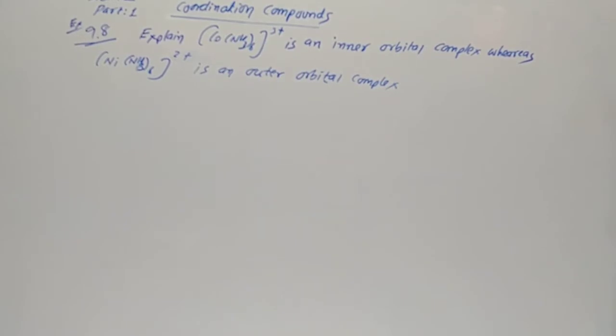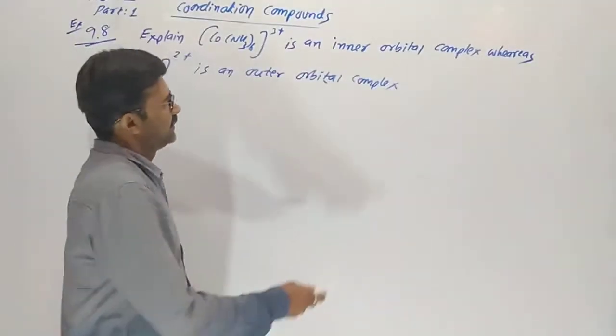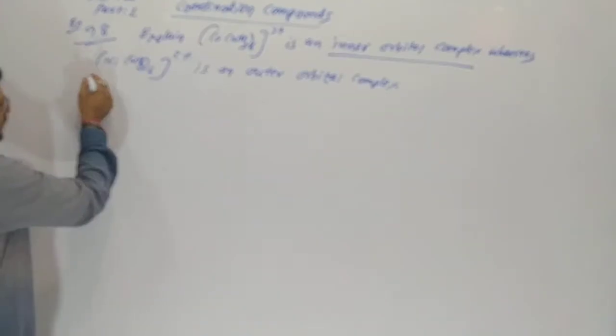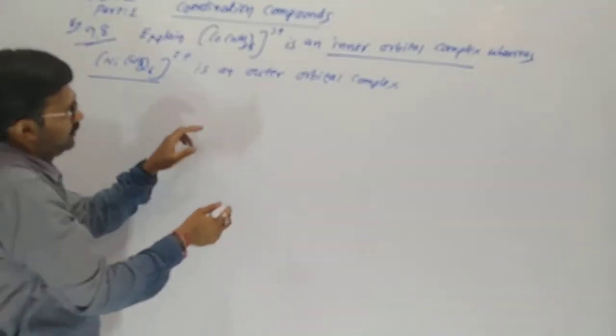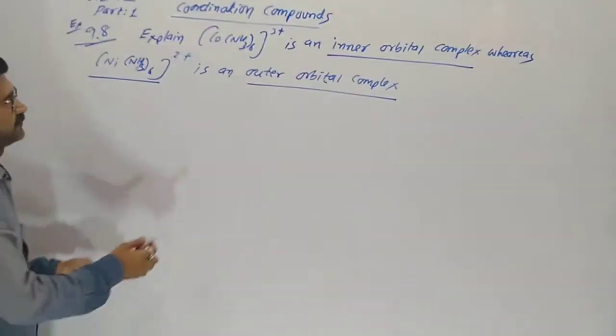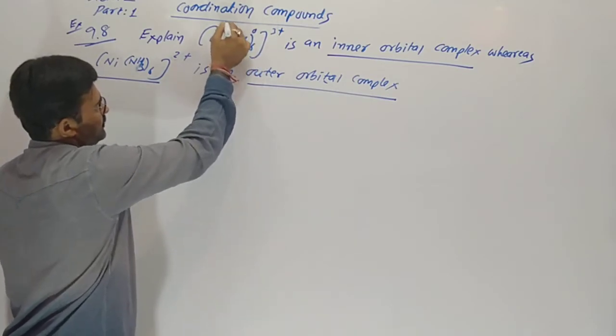Now next question 9.8. Explain Co(NH3)6 3+ is an inner orbital complex, whereas Ni(NH3)6 2+ is an outer orbital complex. Describe. Here amine is neutral by charge.